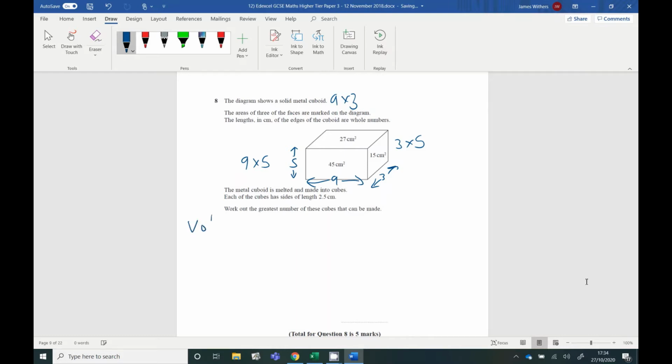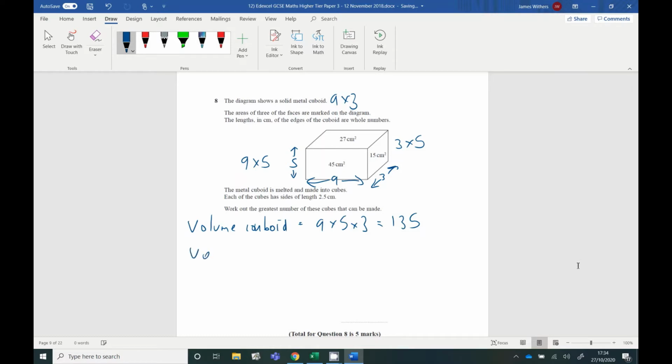So the volume of the cuboid is base times height times depth is 9 times 5 times 3, which is 135. Now we're going to melt this down and make it into cubes with sides of length 2.5.